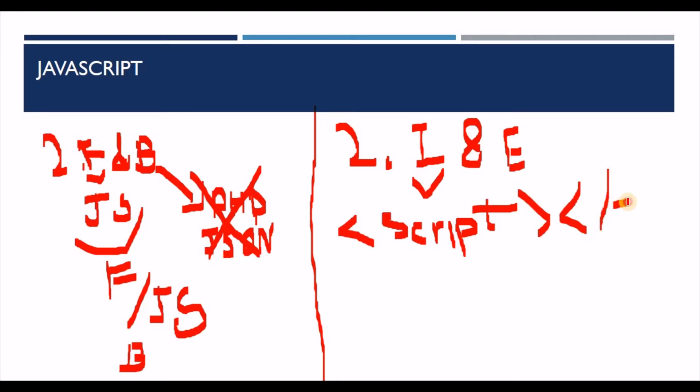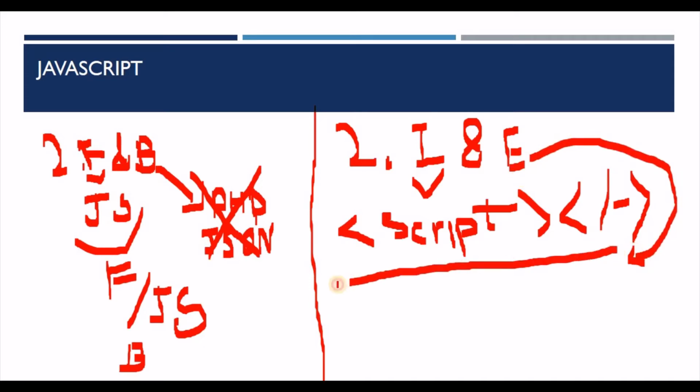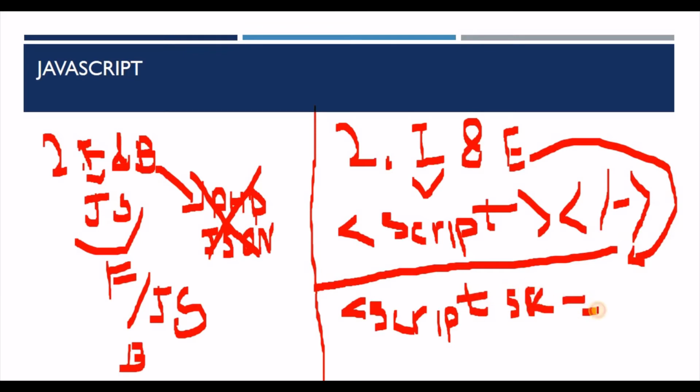Then you can close the script tag. If you are using external JavaScript, you can do the same with a bit of difference. You use the same script tag, but this time we use script src. Src means source.